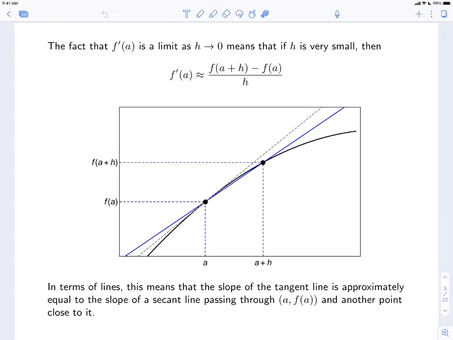And if you draw a secant line through these 2 points, then its slope will be approximately the same as the slope of the tangent line through your initial point. Since both lines pass through the point a, f at a, if their slopes are close enough to the same, then the lines almost coincide with one another. And the closer that a plus h is to a, that is, the smaller that h is, the closer these 2 lines will be to overlapping.